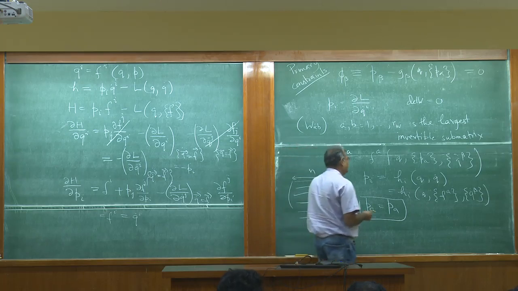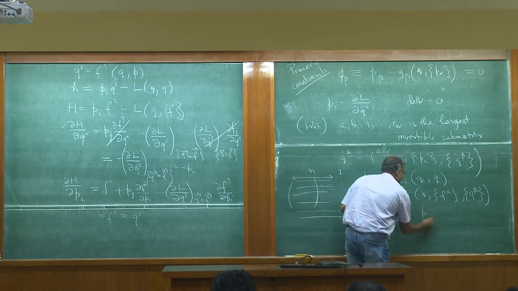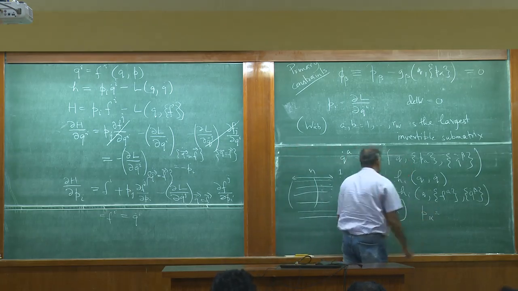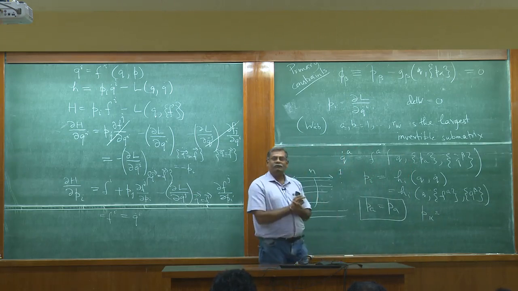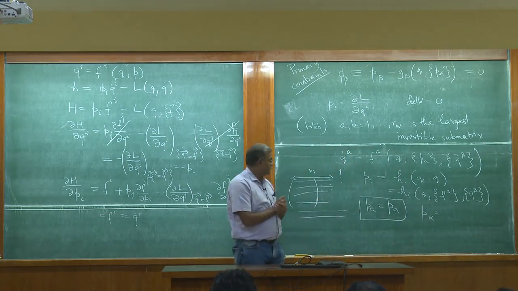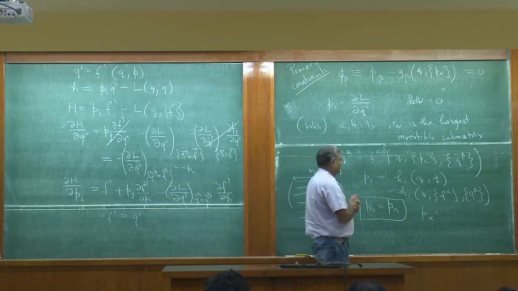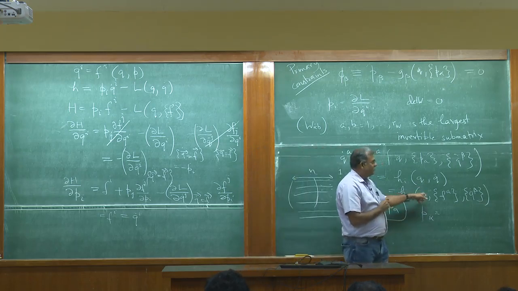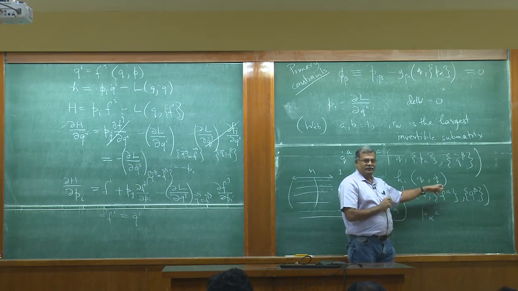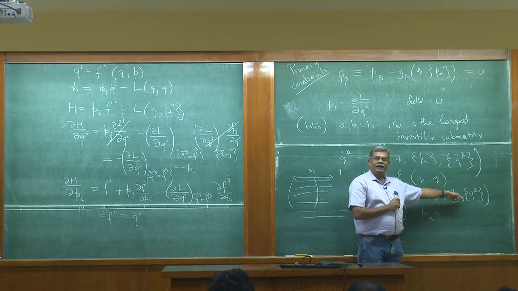But what about the case for P alphas, that is for the indices which go beyond RW, the constrained ones? Now you will get a function which will have Q, the FA's, and apparently the Q dot betas also.